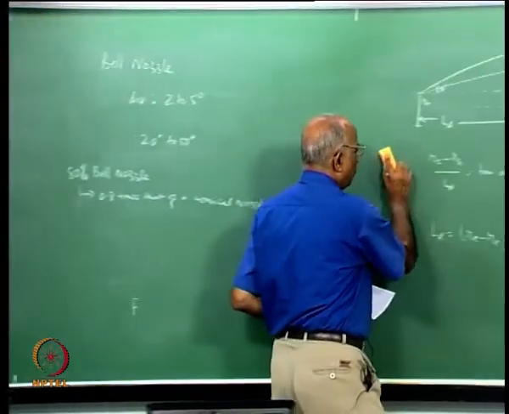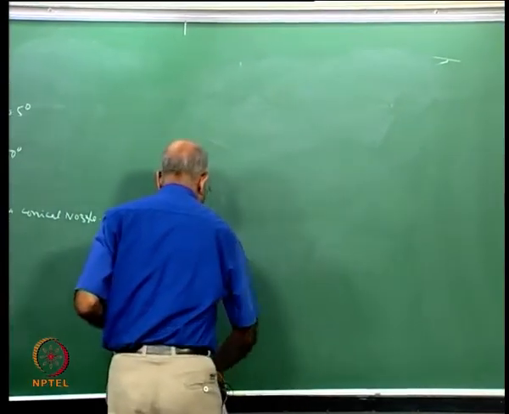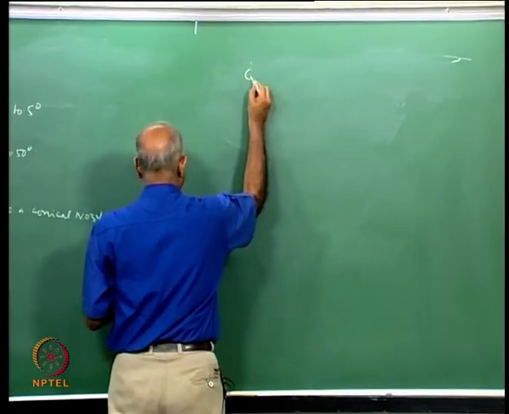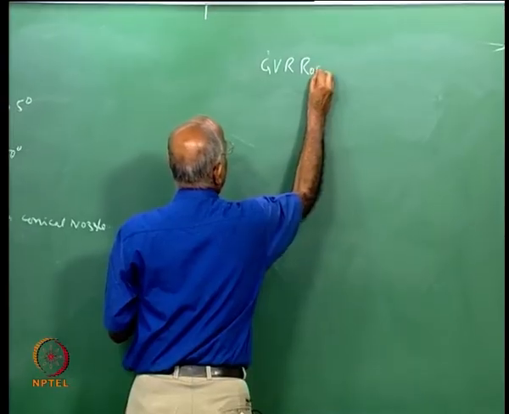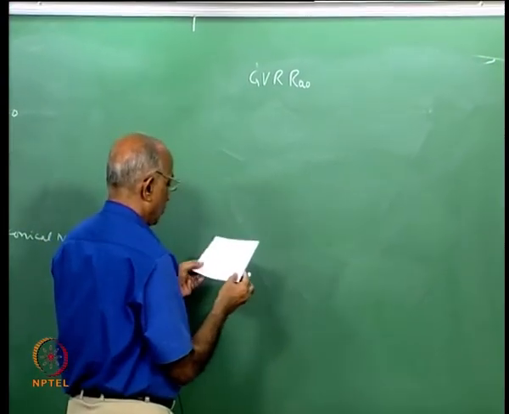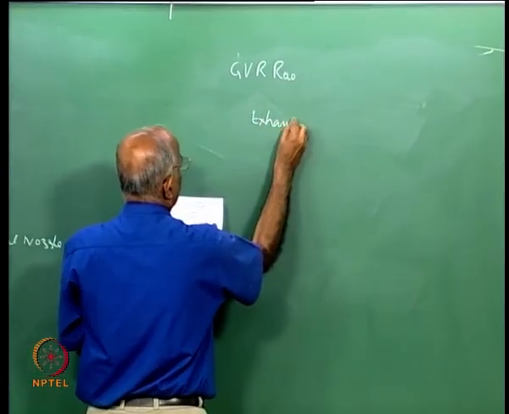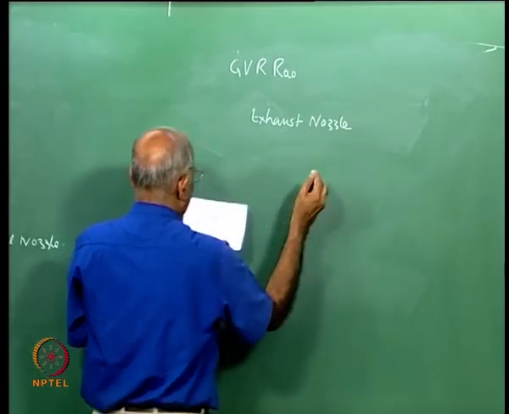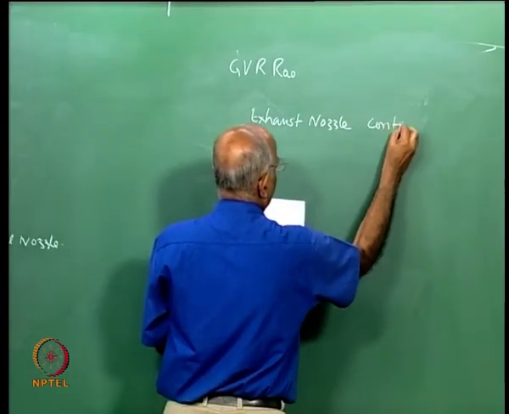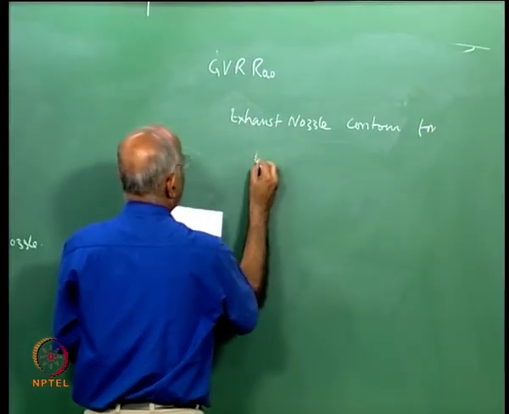It was first put forward in Rocketdyne, I think, and this particular person who worked on it is an Indian by name G.V.R. Rao. Bell nozzle is also known as Rao's nozzle, it is known as exhaust nozzle contour for optimum thrust.